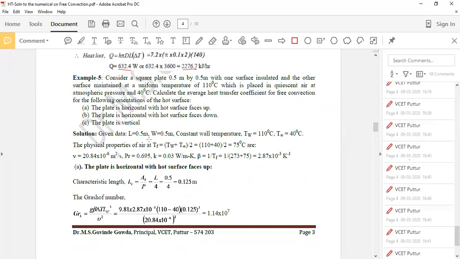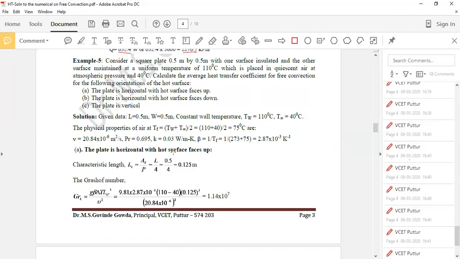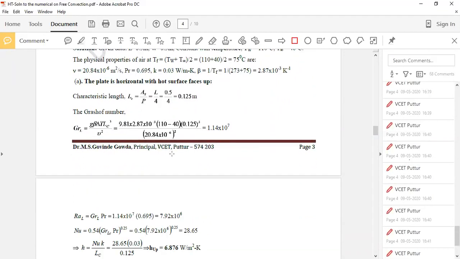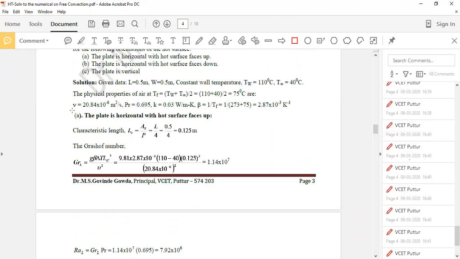Now the combination of horizontal as well as vertical, which you have already discussed in the first and the second problem. Properties are read at mean film temperature. Remember, mean film temperature properties are read.